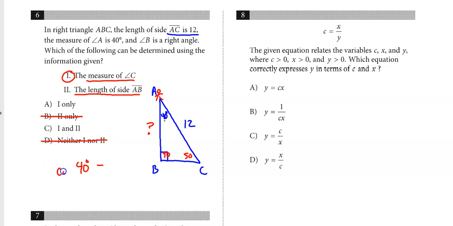Cosine of 40 is adjacent over hypotenuse. This would be my adjacent side, and this would be my hypotenuse. I have enough that I could solve that equation. We don't need to, but just know that you could solve it using trig. So I also could get this one. The correct answer is C, not A.